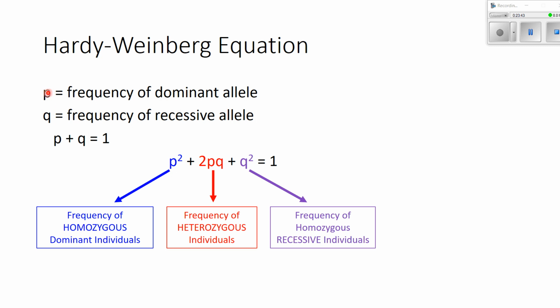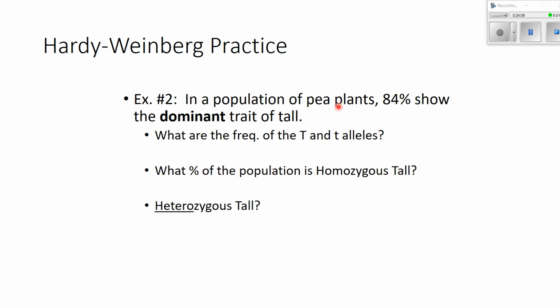They're either giving you P or Q. However, if they're talking about what percent of the plants, or what percent of the guinea pigs, what percent of the organisms, then they're not giving you an allele frequency, they're giving you one of these values.